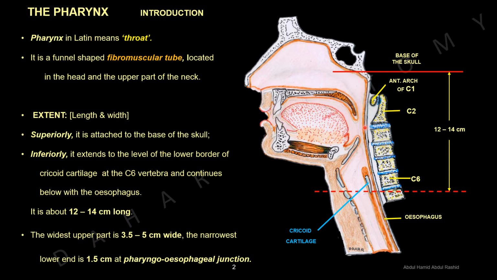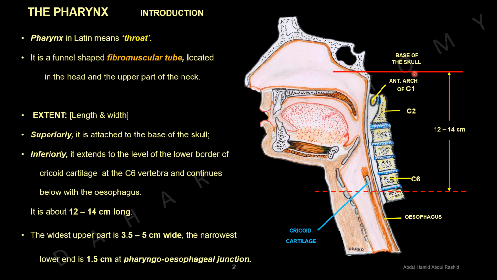Inferiorly, it extends to the level of the lower border of the cricoid cartilage anteriorly and the lower border of the sixth cervical vertebra posteriorly, where the pharynx continues with the esophagus below.